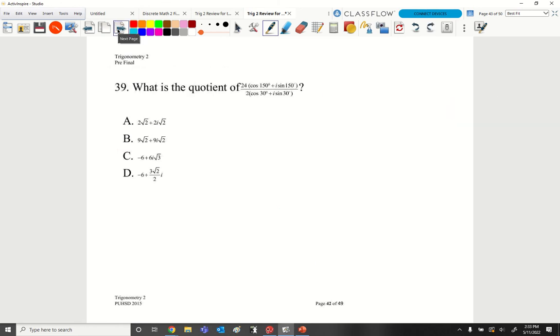Two more, guys. Two more. Quotient. You put it in exactly. I'm going to show you how it has to look in the calculator if you're plugging it in.